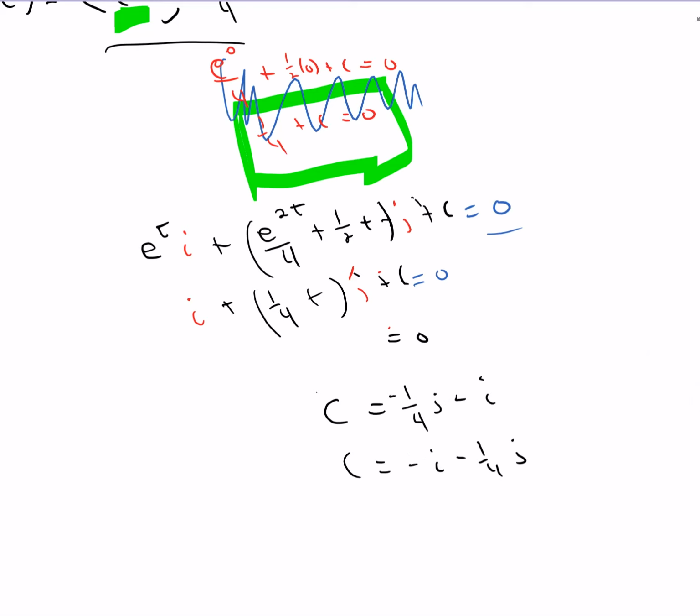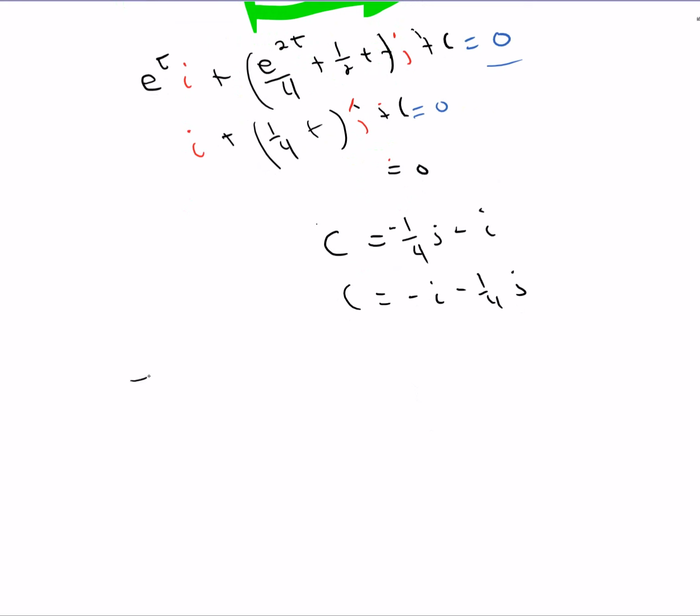That's what c is. So if we rewrite our entire function, it's going to be e to the t i plus e to the 2t over 4 plus 1/2 t j, and then plus c, where c is negative i minus 1/4 j.